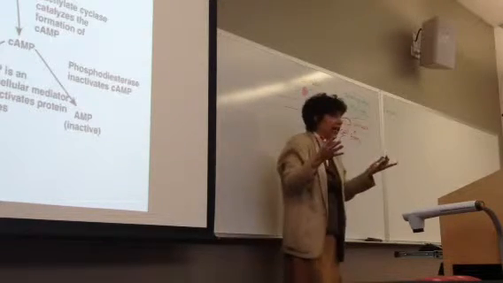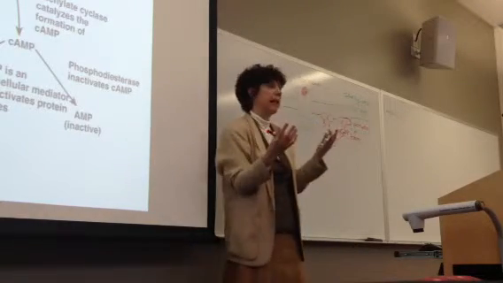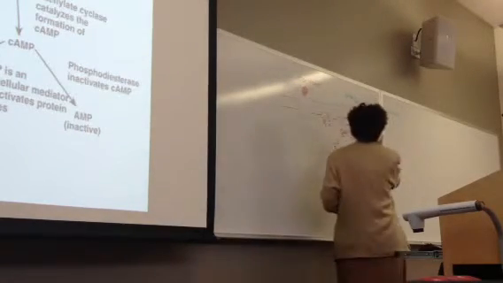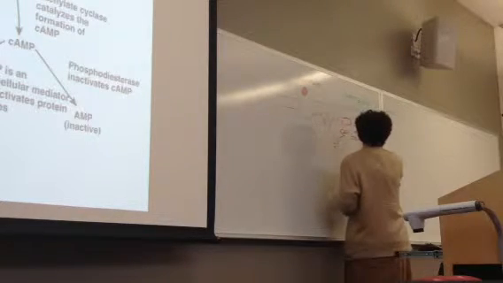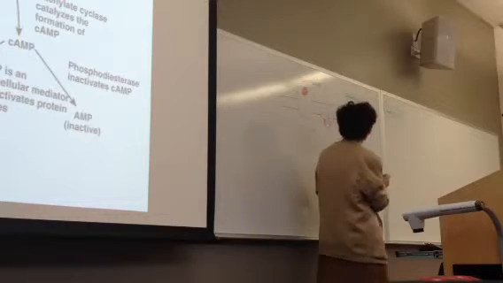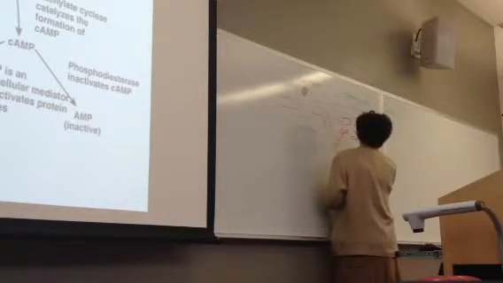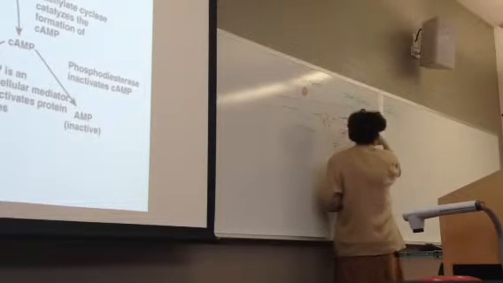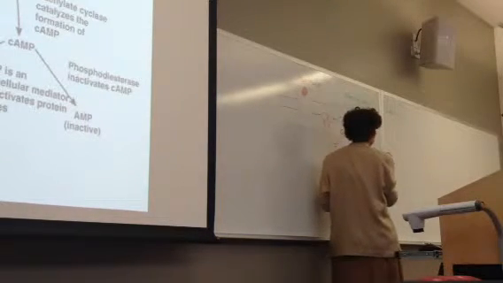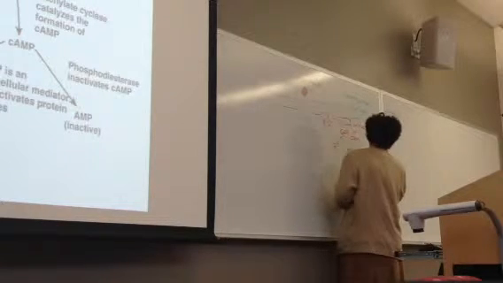By itself, as adenylate cyclase in the membrane, it was inactive. But now it's changed its shape, and it is going to be able to function by taking a molecule of ATP and using the enzyme kinetics to convert this to cyclic AMP.